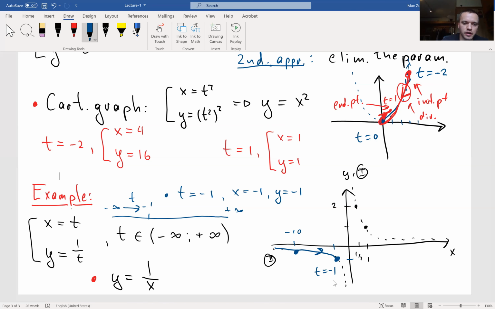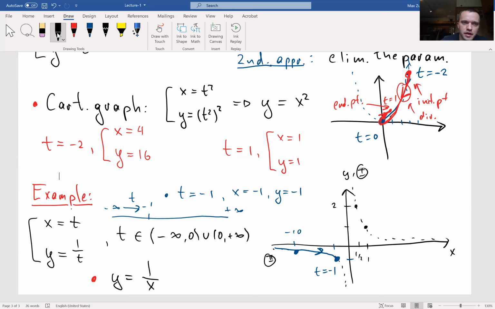But here, can anyone tell me what constraint I should make for my interval? Is there some sort of mistake? Is it possible to have t equal to 0? Yeah, I need to exclude 0. That's why I need to change my t from negative infinity to 0, union 0 to positive infinity.